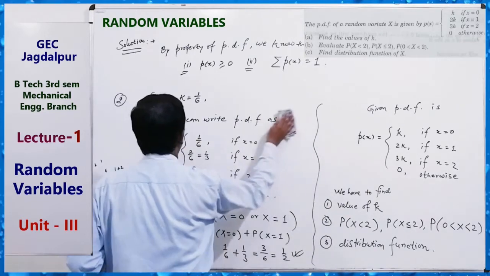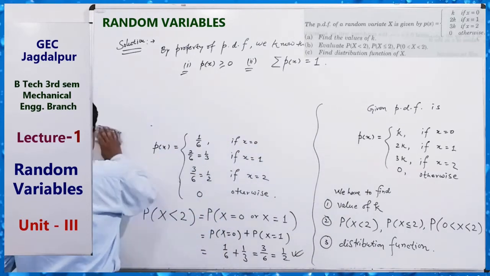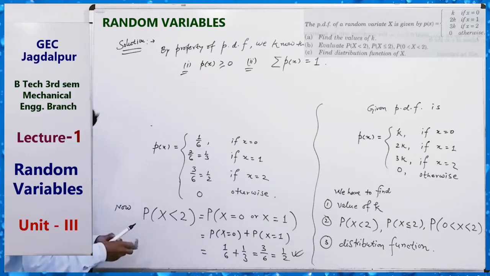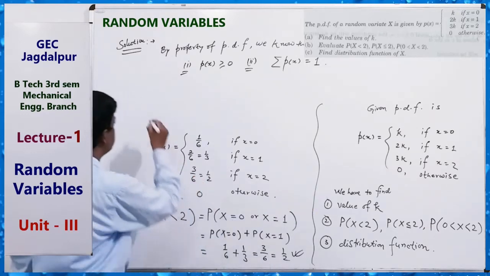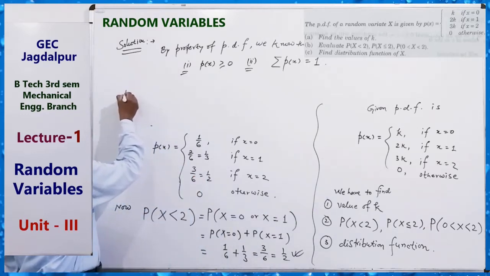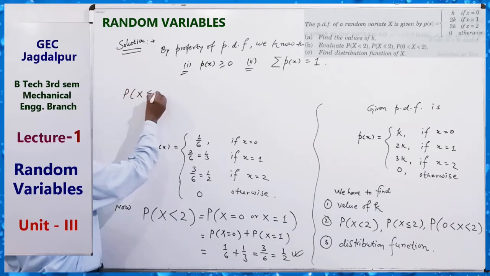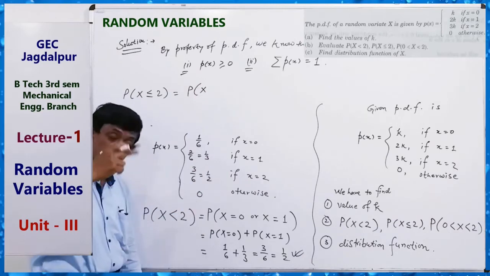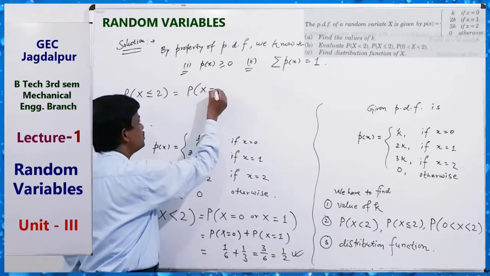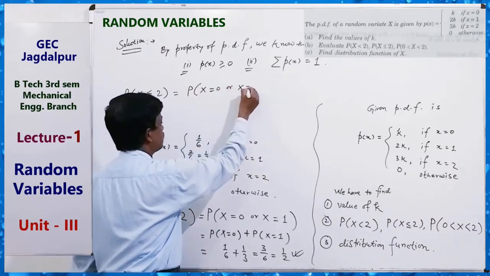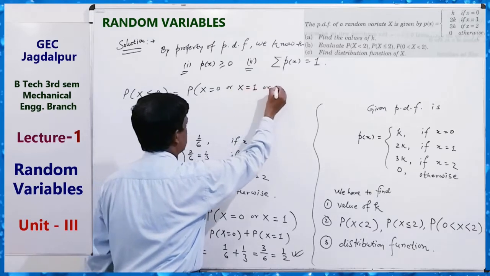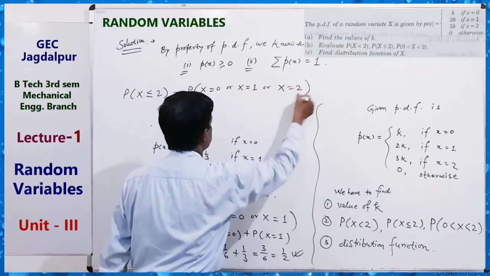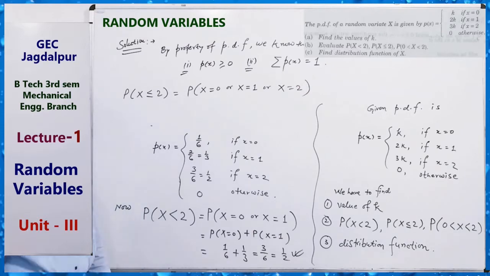Clear? Now one by one we can get the values. Second value, P of x less than or equal to 2. This equals what? So x equals 0, or 1, or x equals 2 also may be, because of less than or equal to.